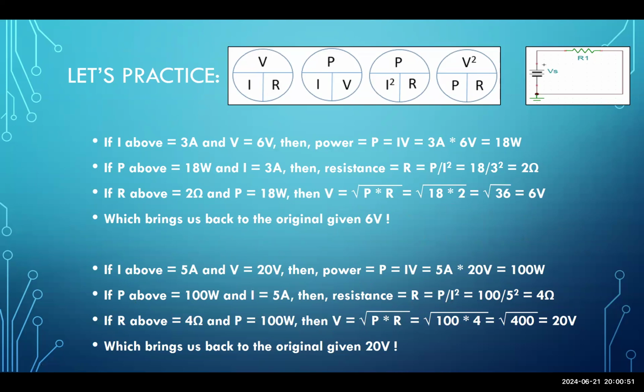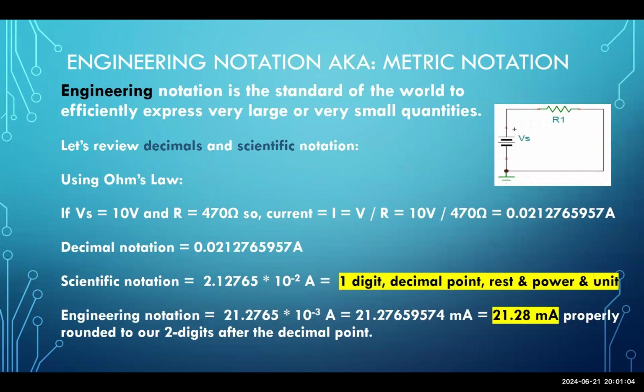And again, this is pretty easy math. You can do this with a basic supermarket calculator. You don't even need a fancy scientific one, but we'll talk about scientific calculators in a moment. Now, let's talk about this. Engineering notation, AKA. What's AKA? Also known as. So engineering notation is also known as metric notation.